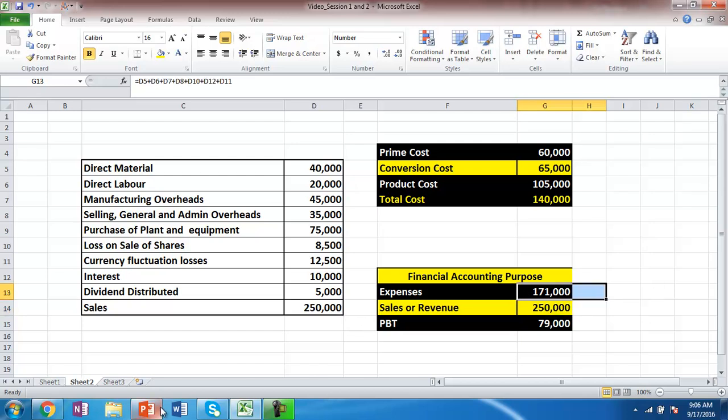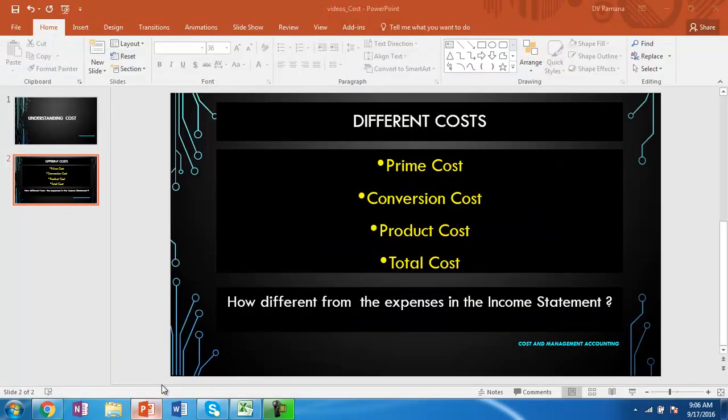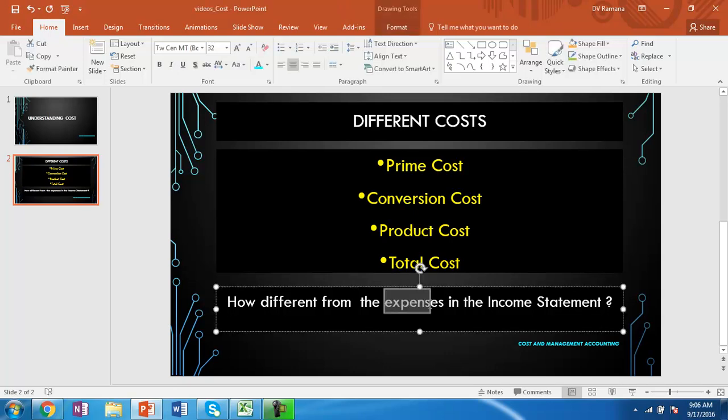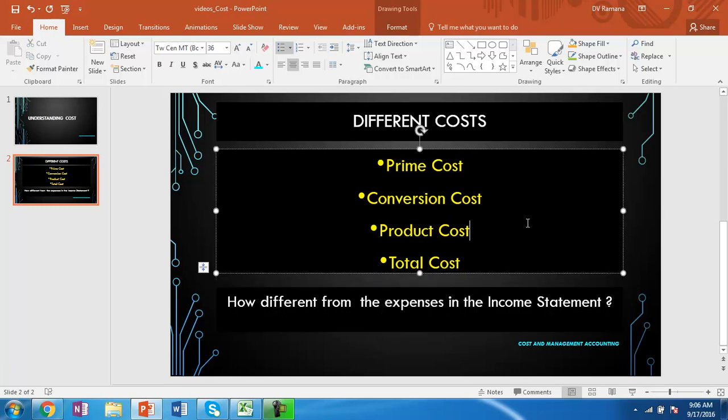Just to summarize, therefore, the concept of cost, unlike the expenses in financial accounting, is a function of the managerial requirement, whereas the expense in the income statement to a large extent is dictated by the generally accepted accounting principles. Number two, the purpose of determining the cost will decide the composition of cost.